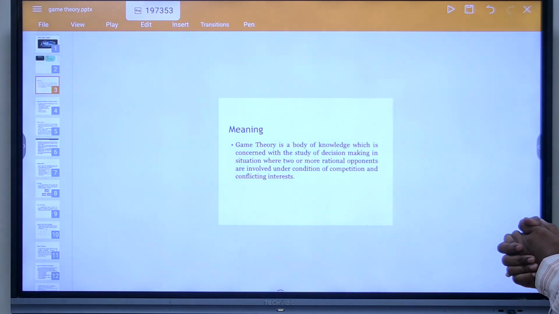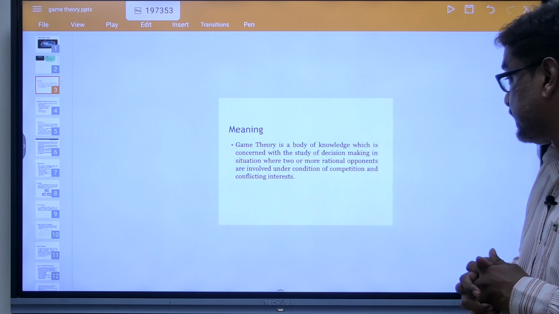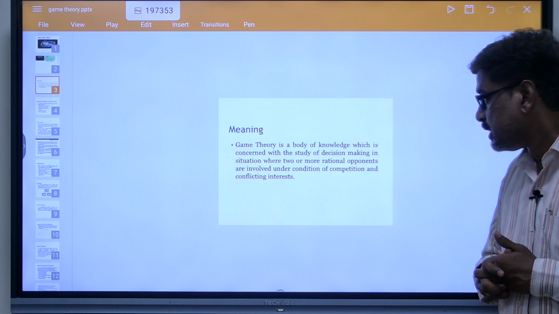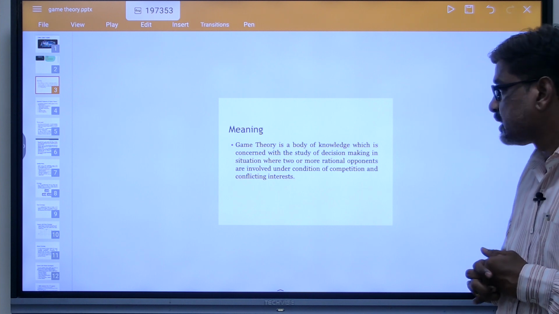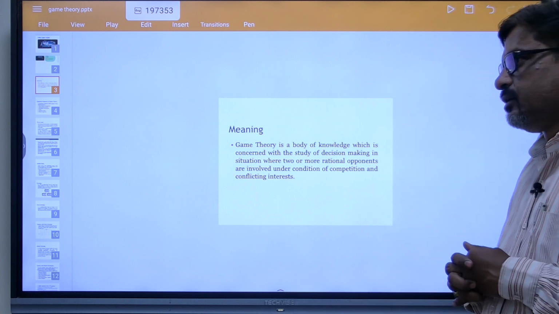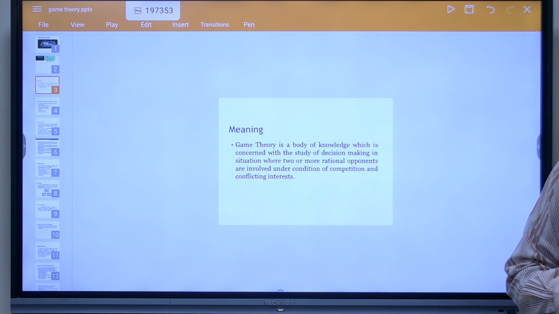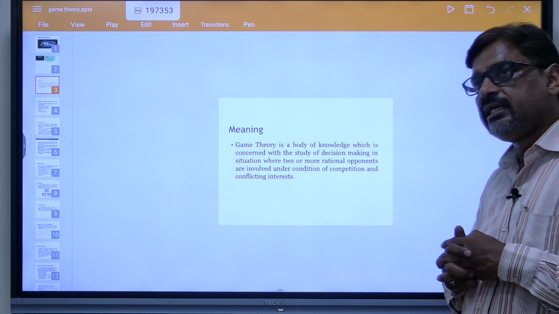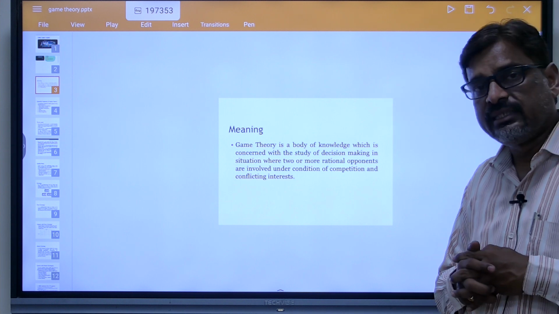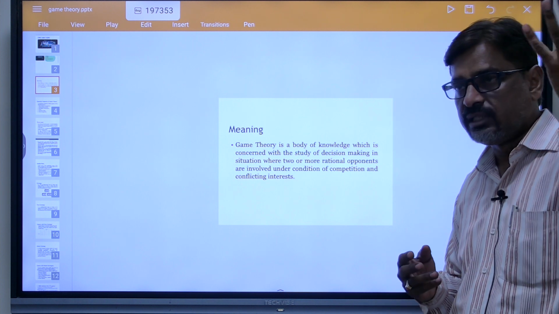It is a body of knowledge which is concerned with the study of decision making in situations where two or more rational opponents are involved under conditions of competition and conflicting interest. This is applicable in every game, whether we are playing chess or football, we have our own strategy regarding how we play the game, how we compete with our competitors.